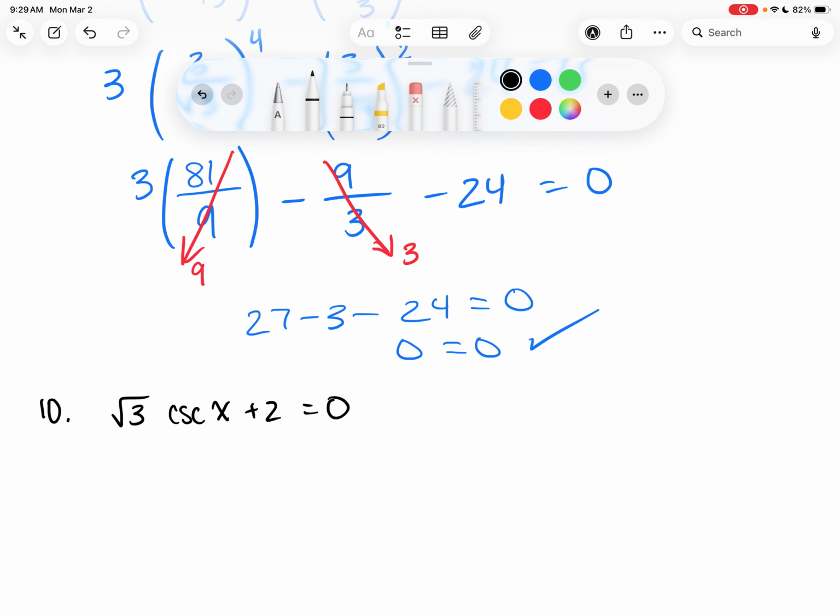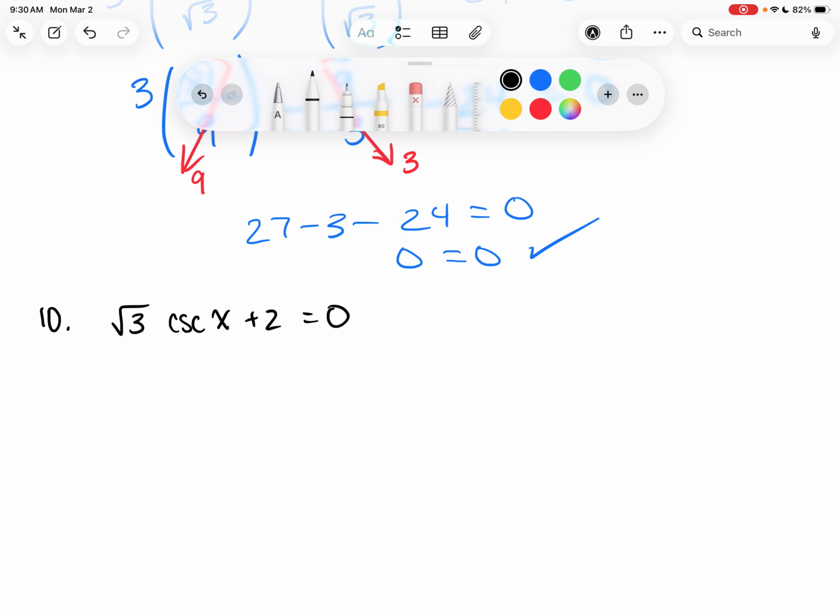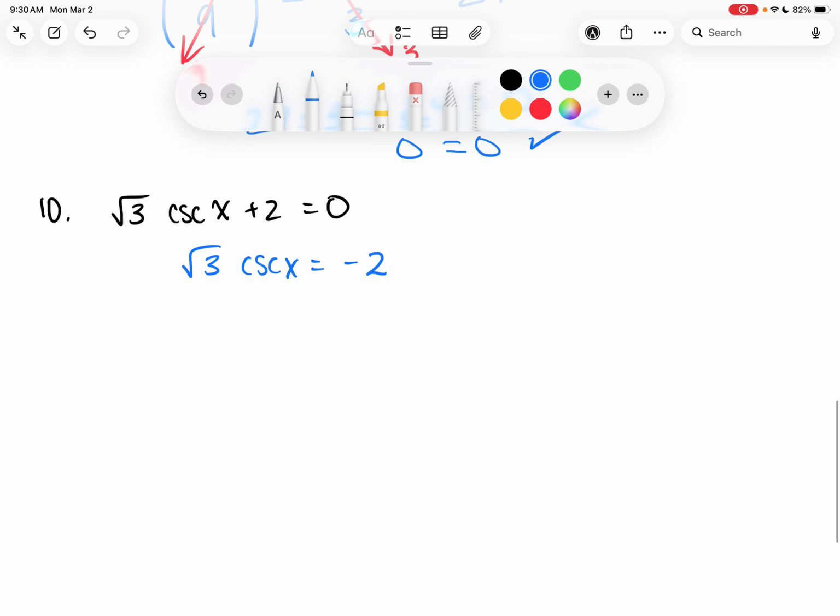The first thing I'm going to do is, since I'm trying to get x by itself, subtract the 2 over. So I have the square root of 3 times the cosecant of x is equal to -2. Then I'm going to divide by the square root of 3. So the cosecant of x is equal to -2 over the square root of 3.